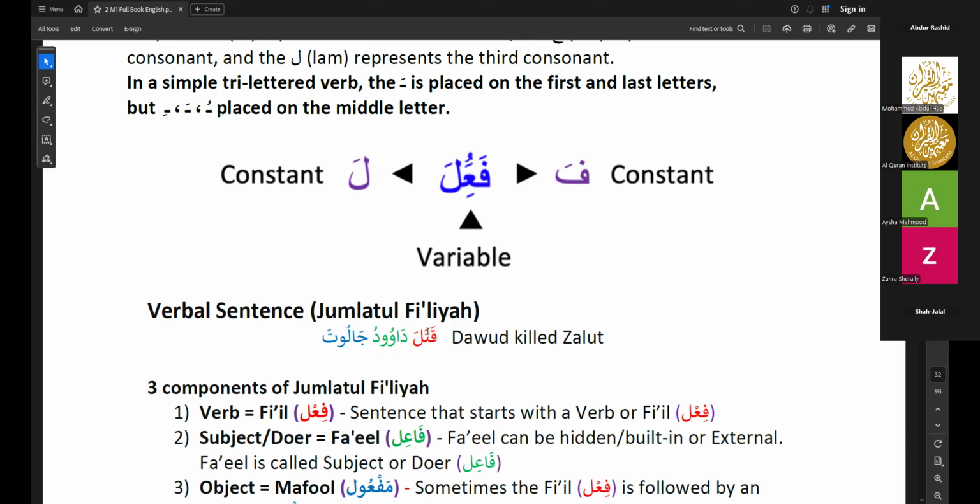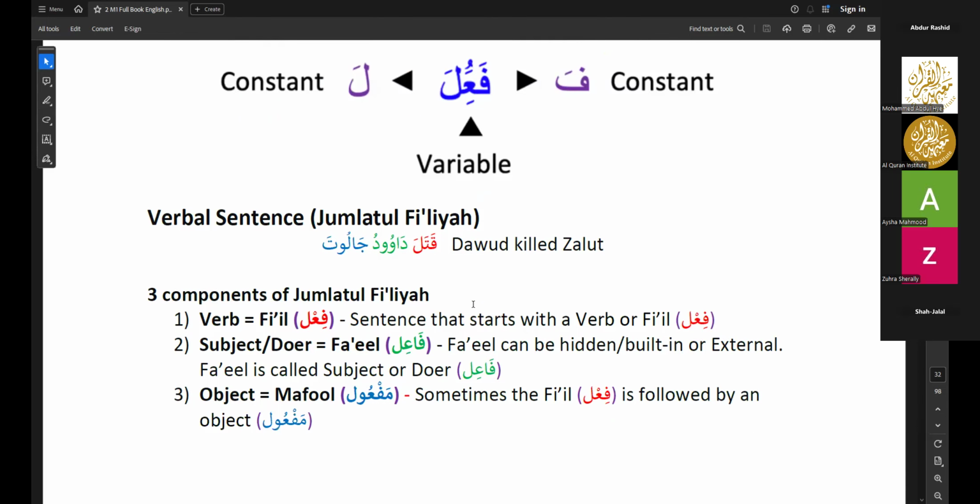So fail, fa'il, and maf'ul: it has three parts. First word is fail, and then we expect fa'il, doer, and then there may be maf'ul, or object. Some jumlatul fi'liya may not have maf'ul, but definitely we'll have fail.